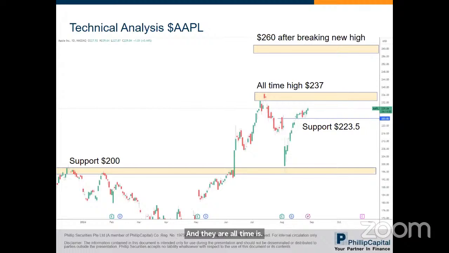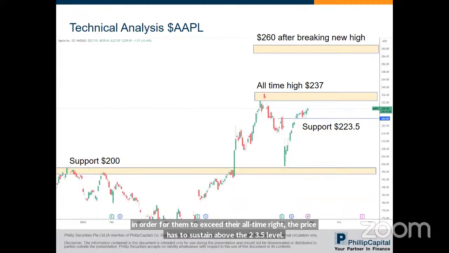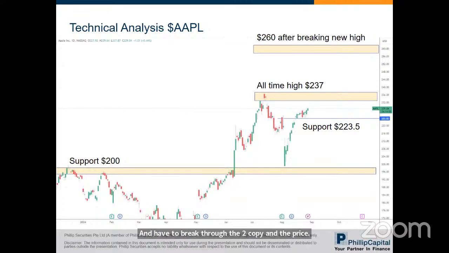So in order for them to exceed their all-time high again, the price has to sustain above the 223.5 level and break through the 240, and over time the price will go to 260. So you can take note of all these levels. These are some levels for you to refer to when you're actively trading.